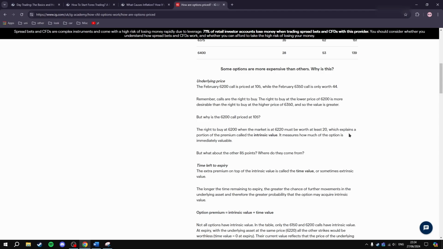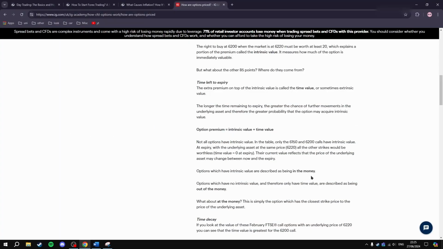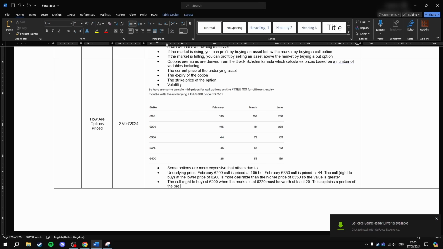But why is the 6200 call priced at 105? The right to buy at 6200 when the market is at 6220 must be worth at least 20, which explains a portion of the premium called the intrinsic value.